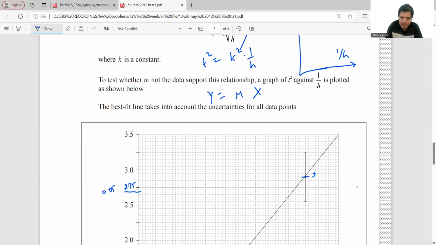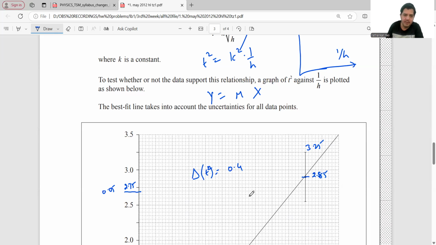This value would be 2.85 over here. And what is this value? This is 3.25 over here. What is the difference between these two? Delta of t square is equal to 3.25 minus 2.85, which should be equal to 0.4. So thus delta of t square is equal to 0.4. This is what we have got here.